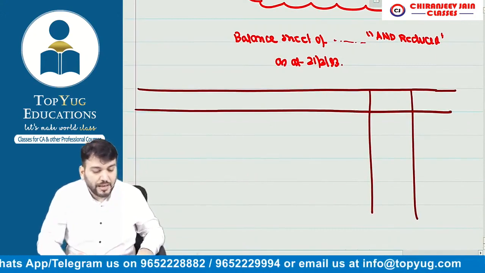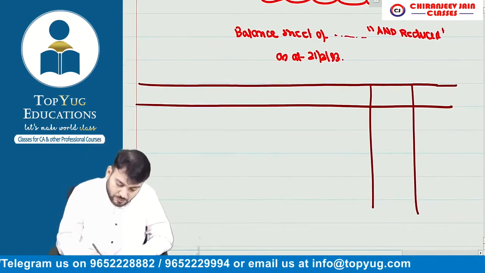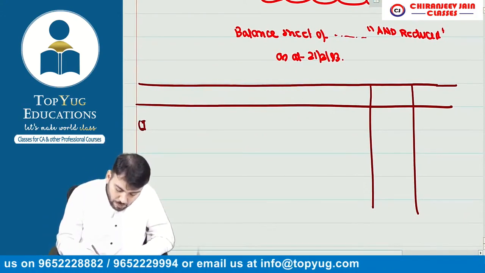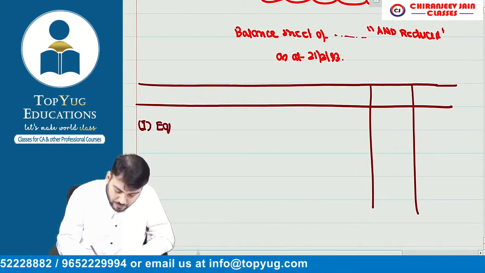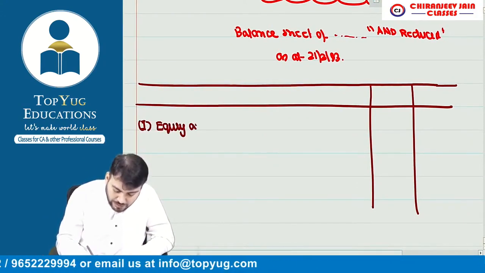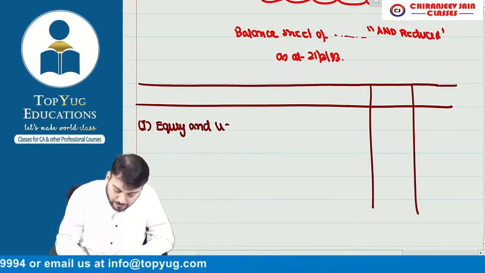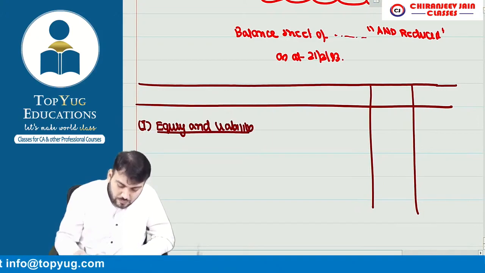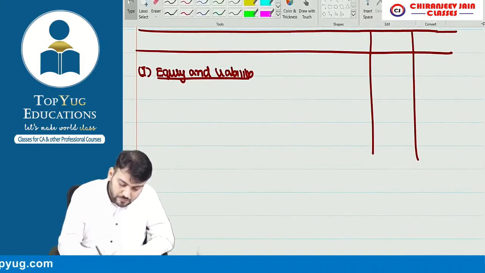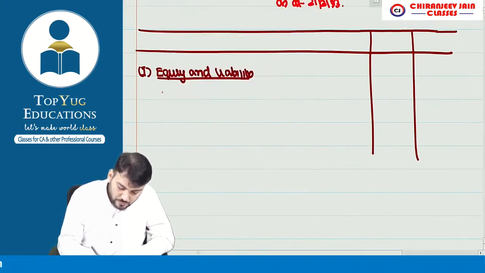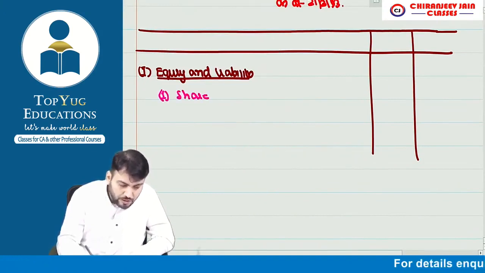Come on, can we prepare fast? Write down. Point number 1, equity and liabilities. Point number 1, shareholders' fund.